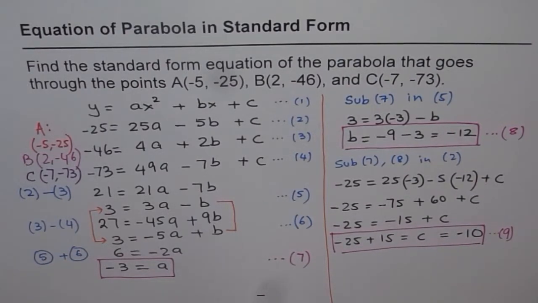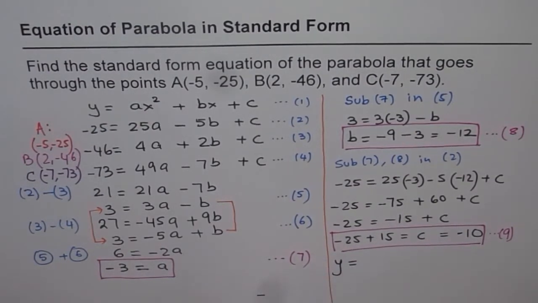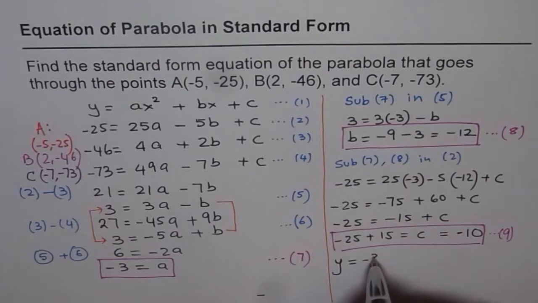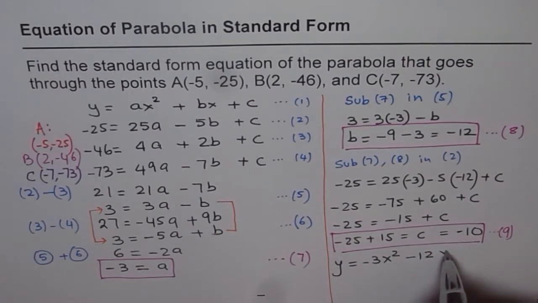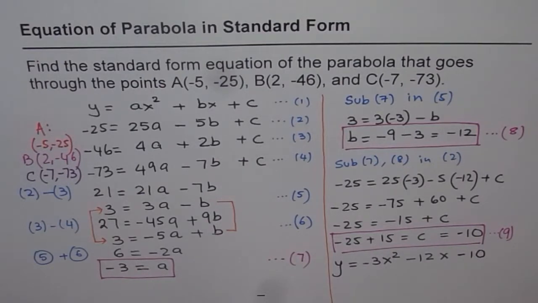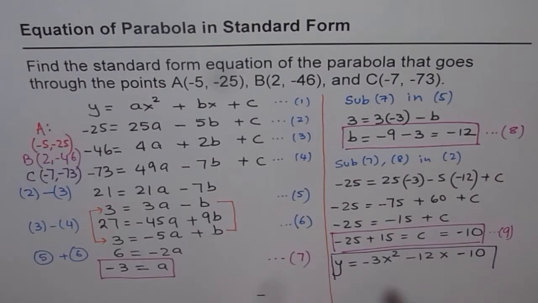So at this stage we can always write down our equation, which is y equals a is minus 3, minus 3x squared, b is minus 12, minus 12x, and c is minus 10. So we have minus 10. So that is our equation in standard form, which has all the given 3 points.